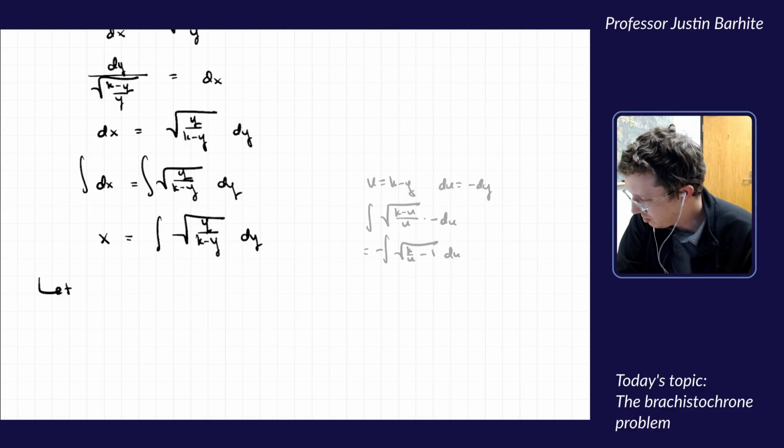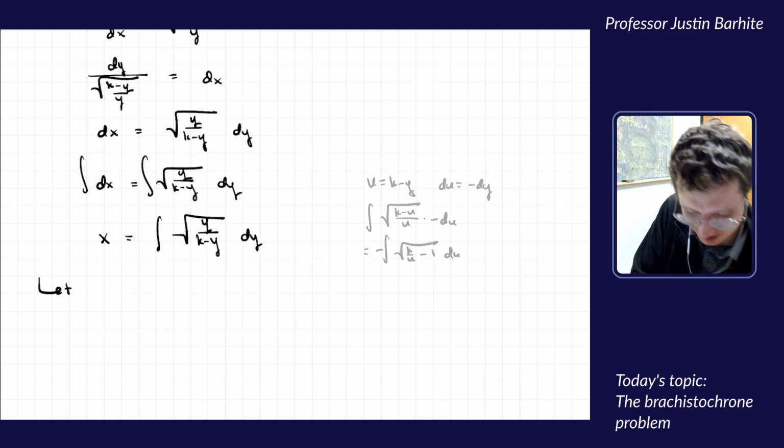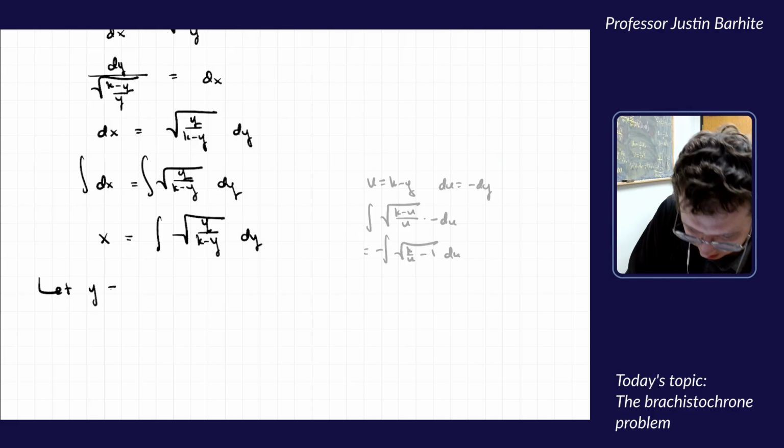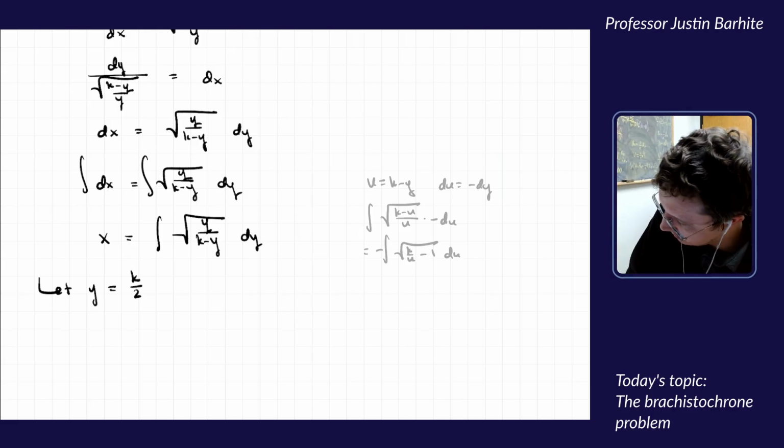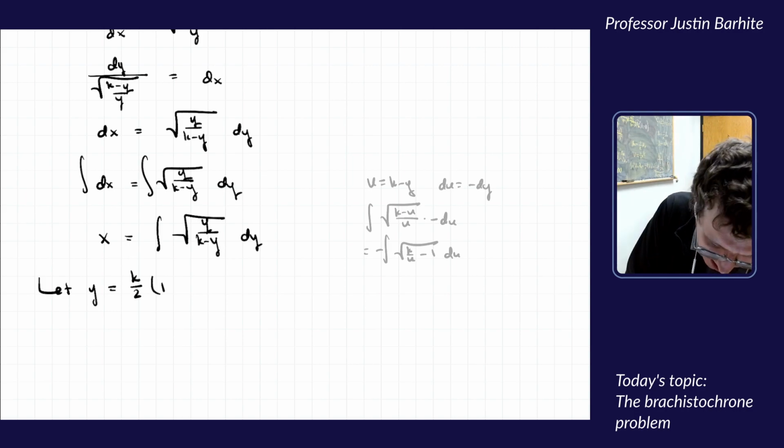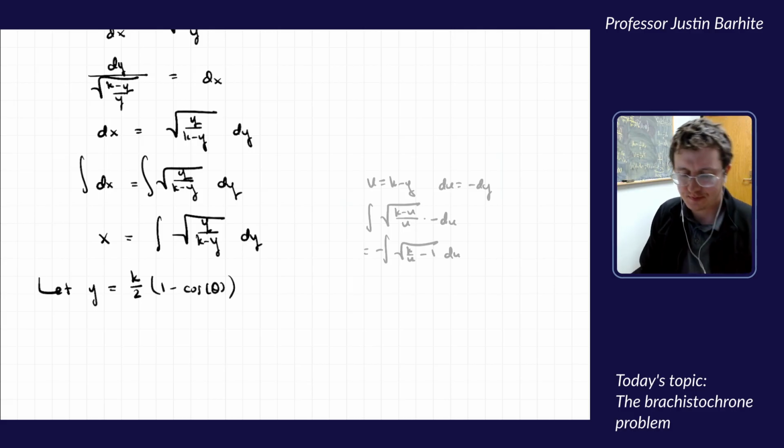So the trig substitution that happens to work here is we're going to let y equal half of that constant k times 1 minus cosine theta. Magic.